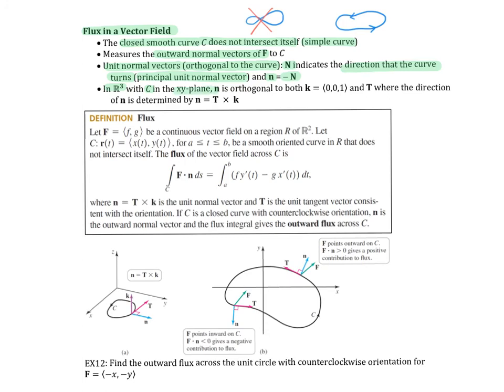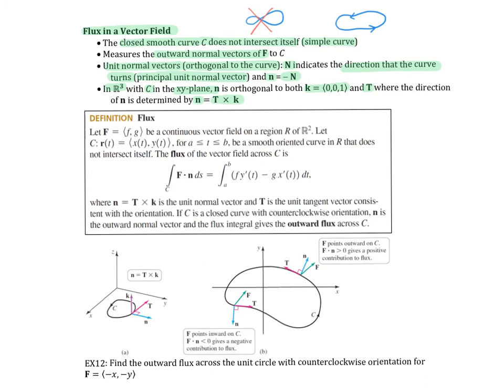If you wanted to compute this normal vector, it's going to be orthogonal to the unit k vector 0, 0, 1 and the tangent vector to the curve. Since it's orthogonal to both of those, to compute this outward unit normal vector, it's simply the cross product of the tangent vector cross with k. And order matters. If you change it and do k cross t, you will get the principal unit normal vector, that uppercase N. That's not what we want.